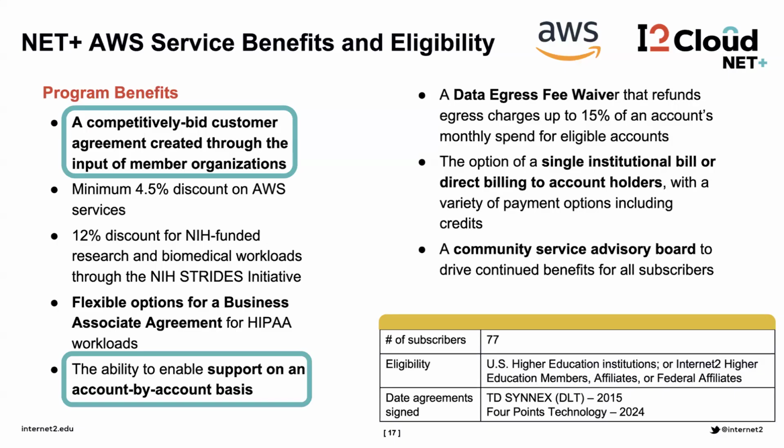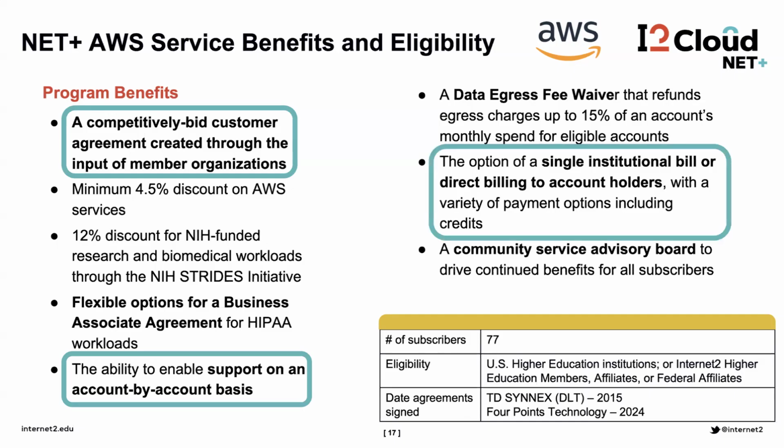Both agreements give you the ability to enable account support on an account-by-account basis. Oftentimes there are accounts that don't really need a support plan. They might just be backup, that sort of thing. So you have that ability in these contracts.